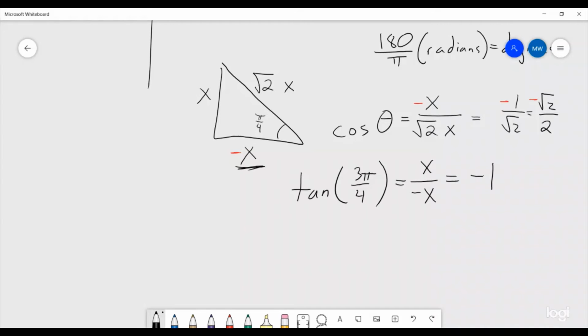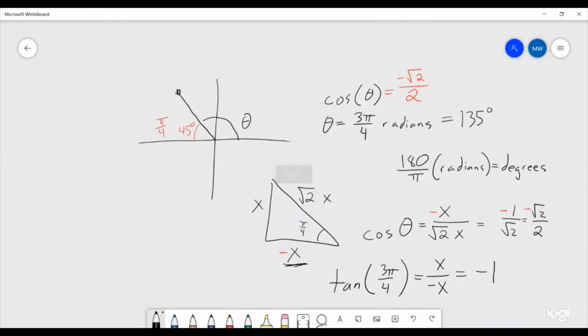Now, negative 1, if we go back to the graph, that is the slope of this line. That is what tangent means. It's the slope of that line as we go along the hypotenuse. It's the slope of the hypotenuse. And so those are the different things that you might be able to start to pay attention to.